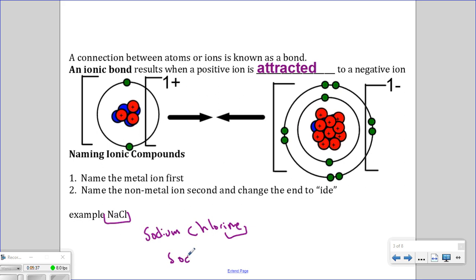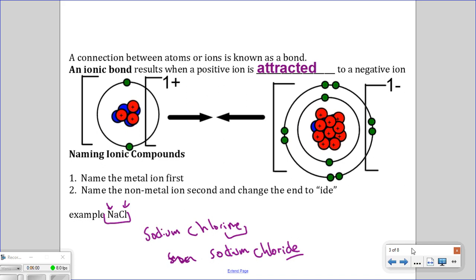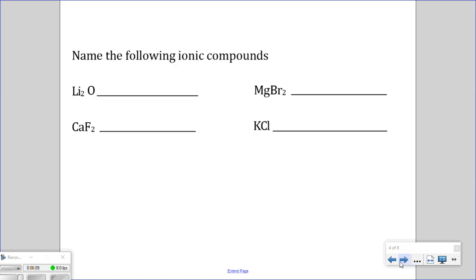So sodium chlorine will become sodium chloride. Note in the chemical formula as well, it's always metal first, non-metal second. So those are normal conventions as well: name of the metal first, name of the non-metal second, change the end to IDE.